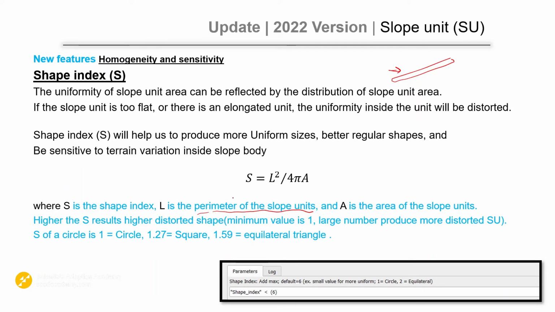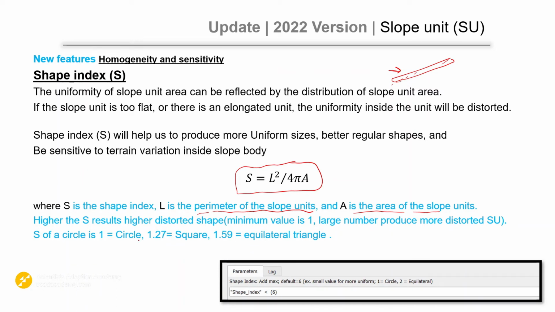First of all, we generate the slope units. Then the tool takes the perimeter of each single slope unit and divides it by the area of that specific slope unit. As you see here, this is the perimeter and also the area. By applying the formula here, we get a specific shape index.